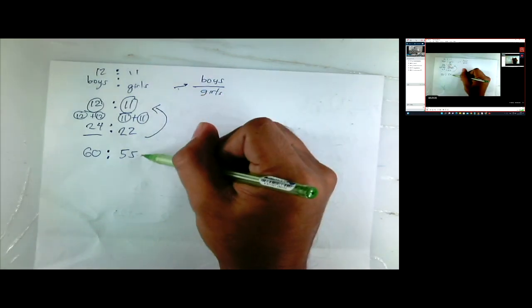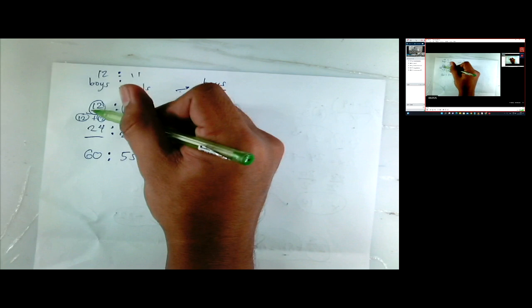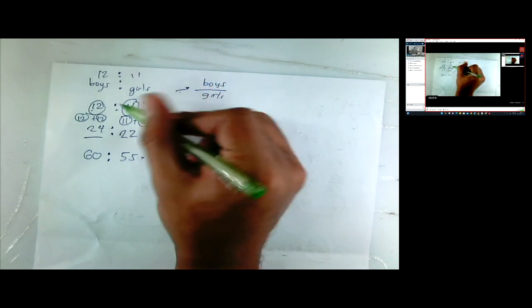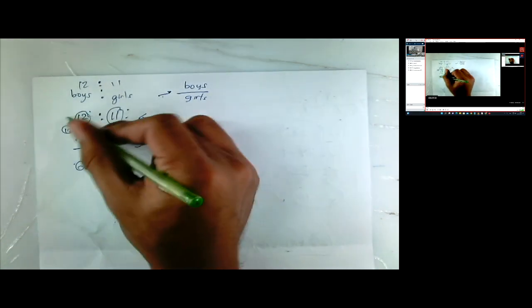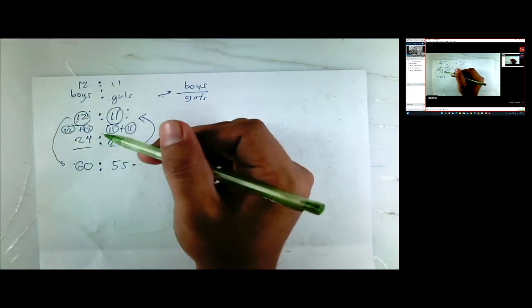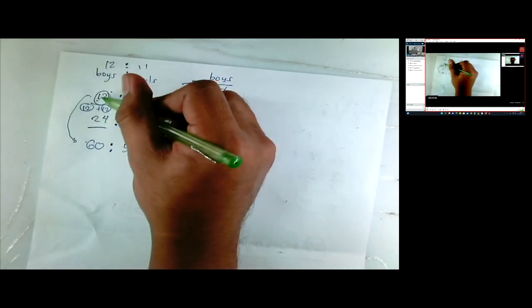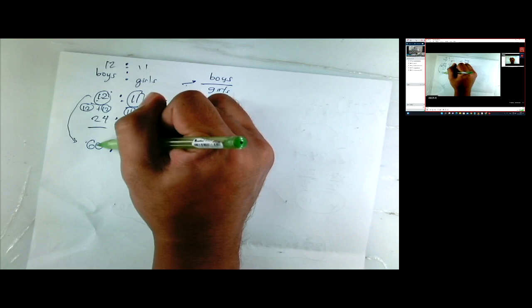Because you will have 5 sets of 11 girls, then you will also have 5 sets of 12 boys. So it's like this. 55 divided by 11 is 5 times 12, so you will have 60.